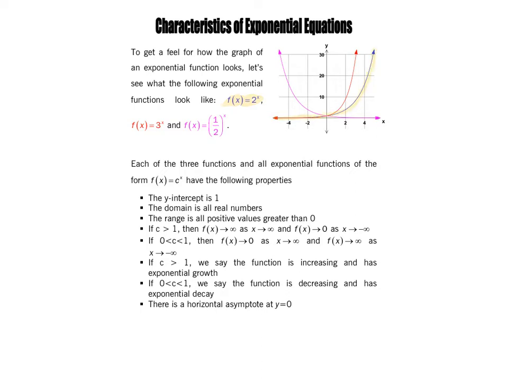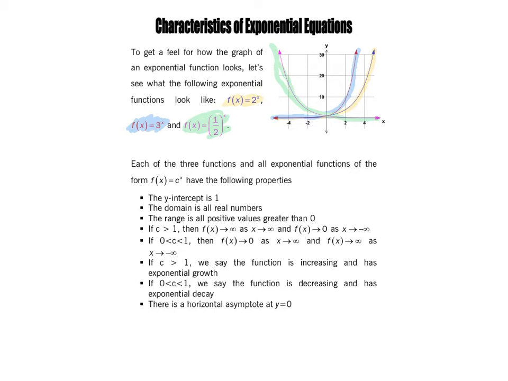If we take a look at 3 to the exponent x, it's represented by this red curve. And if we take a look at 1/2 to the exponent x, it's this curve here that actually is going to grow in the opposite direction.